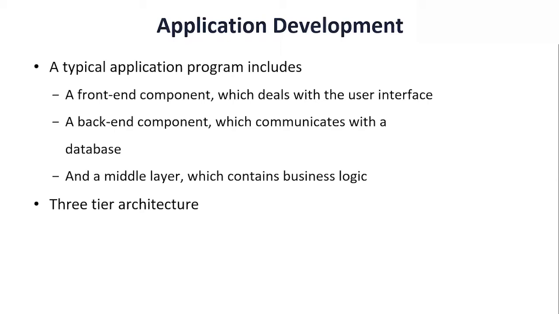And there would be a backend application which communicates with the database. And sometimes we might have a middle layer which contains all the business logic. So typically we call it a 3-tier architecture. There are 3 layers that perform different tasks and are also interrelated with each other.